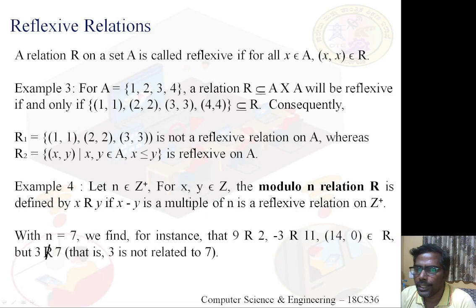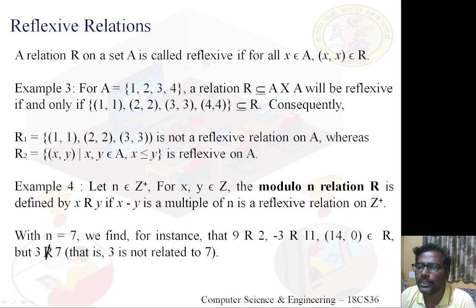Now, see, I listed one example, relation R1, which contains 3 ordered pairs: 1, 1, 2, 2, 3, 3, and this R1 is a relation on A. I won't call it a reflexive relation.